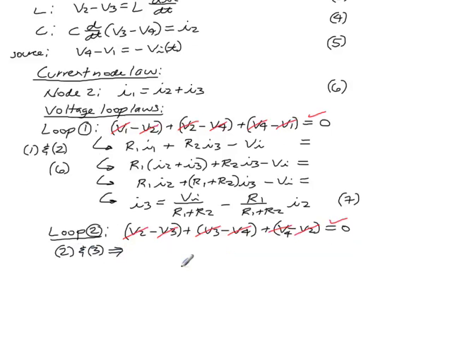Equations 2 and 3 substituted in there gives us an L di2 dt for the first voltage drop. We'll keep V3 minus V4 as it is just for the time being. And then V4 minus V2, that's minus R2 I2.